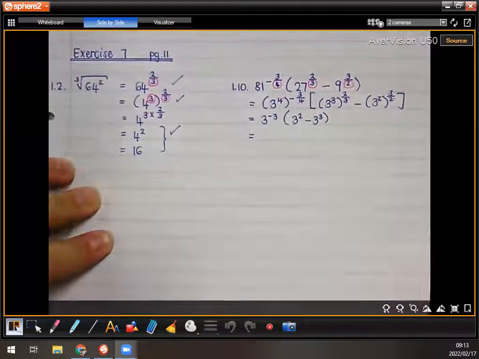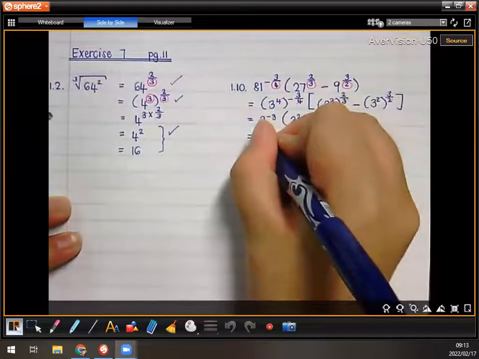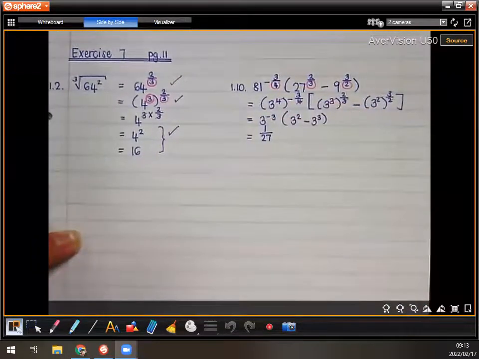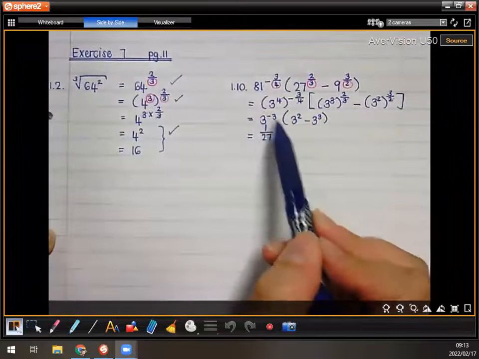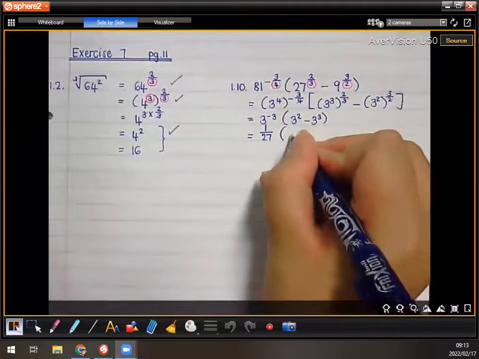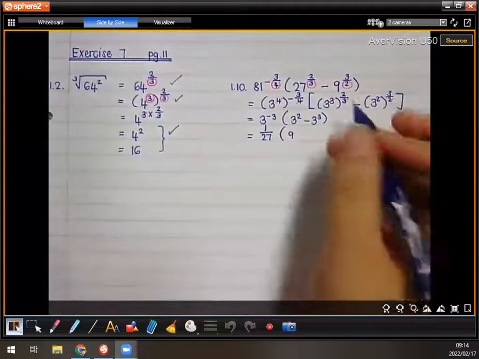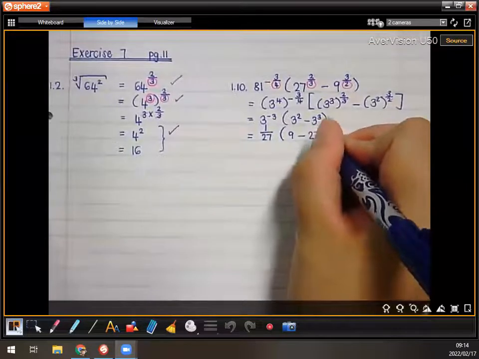So that's actually going to be 1 over 27. In brackets, what's 3 squared? 9 minus, what's 3 cubed? 27.